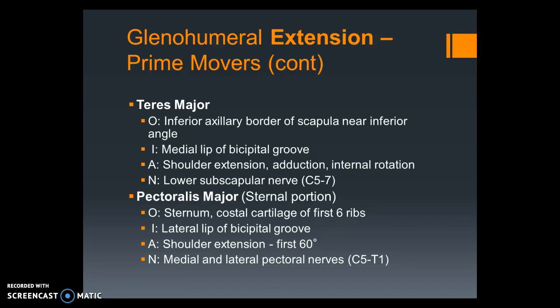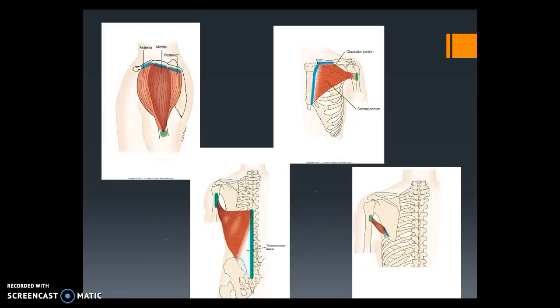Pectoralis major, the sternal portion of this pectoralis major, originates on the sternum and the costal cartilage of the first 6 ribs. It inserts on the lip of the bicipital groove. Its action is the first 60 degrees of shoulder extension. Now, the first 60 degrees goes from 180, so a vertical humerus basically, to 120. And it's innervated by the medial and lateral pectoral nerves.